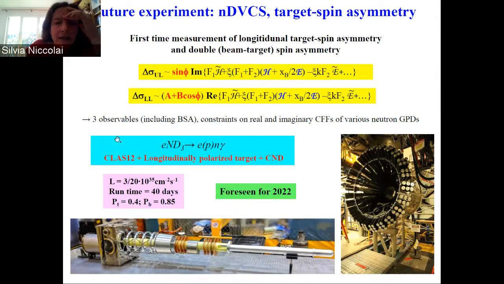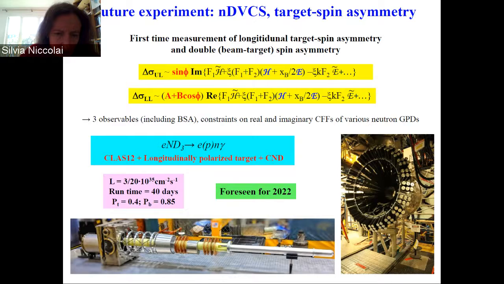And the idea here is that combining these new observables along with the beam spin asymmetry will help us to put more constraints on the quantum form factor and be able to finally extract the quantum form factor for the neutron eventually. So this experiment will use the same setup of the run group B, but will have a longitudinally polarized target, which is in the works at JLab.